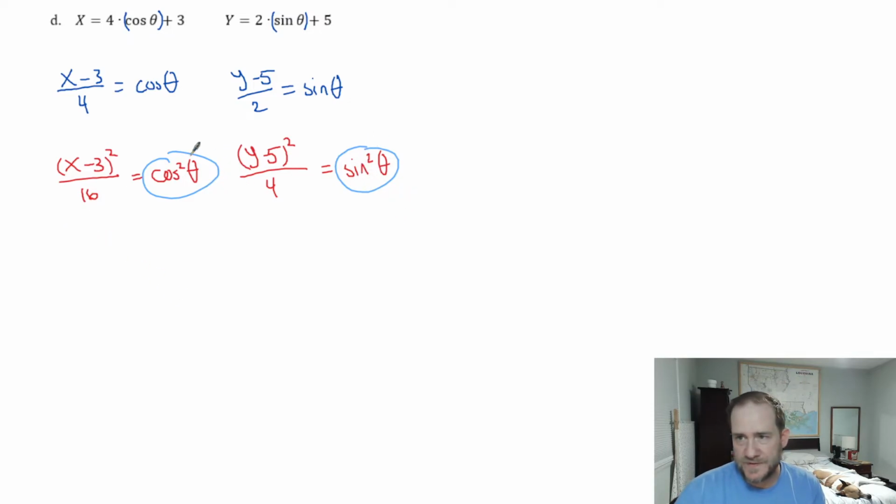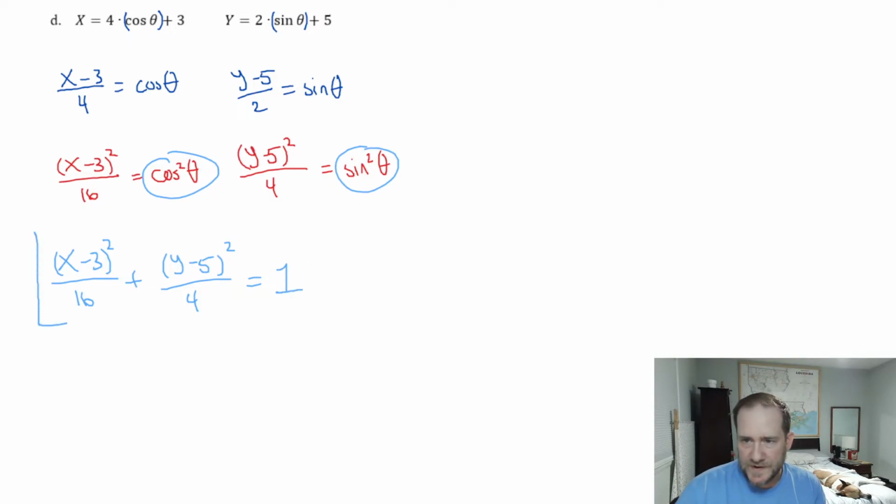So that'll make the theta go away and get us to only be in terms of these. So that means if I do the x minus 3 squared over 16 and add to it y minus 5 squared over 4, then that would equal cosine squared plus sine squared, which is just 1. So that gets us into our standard form.